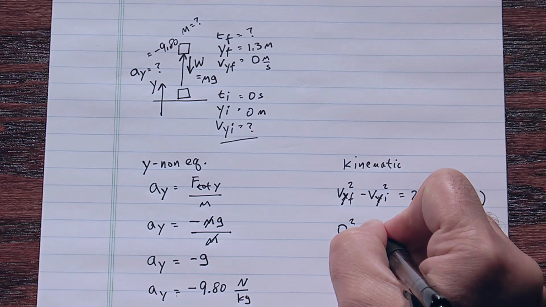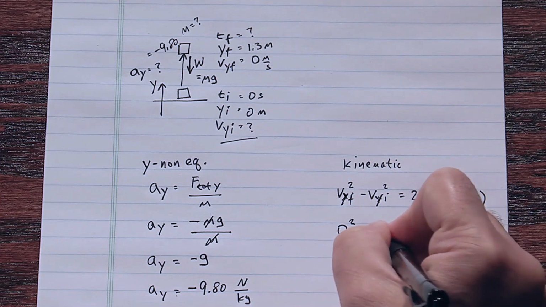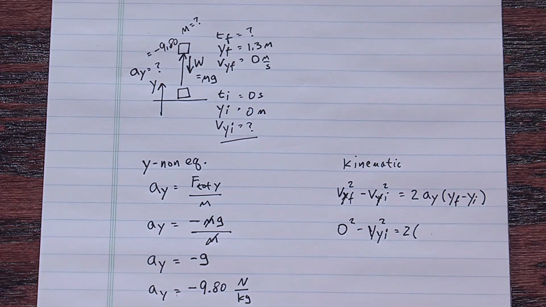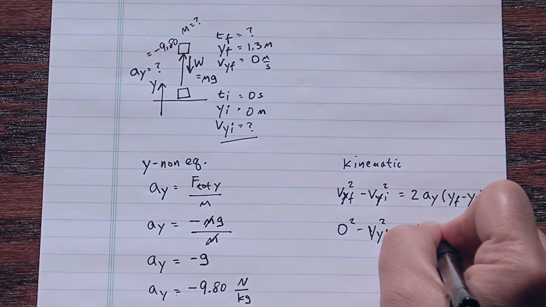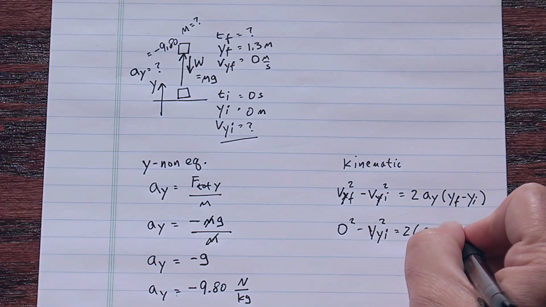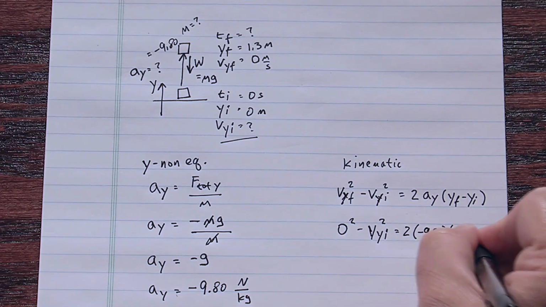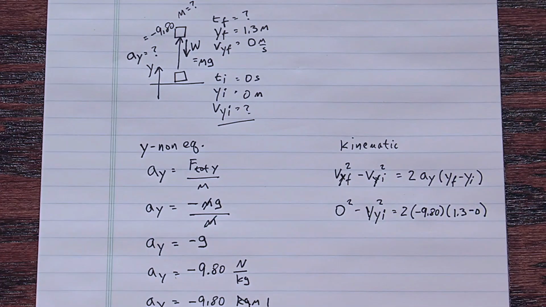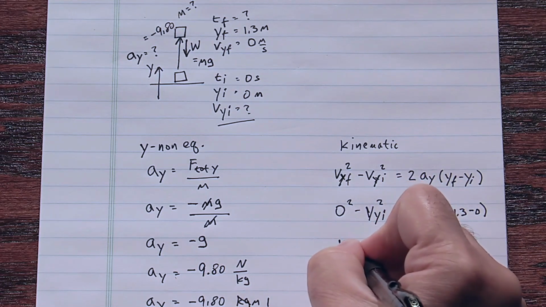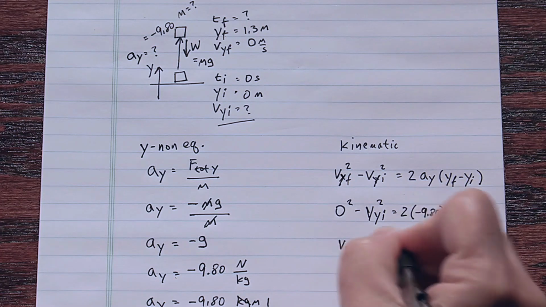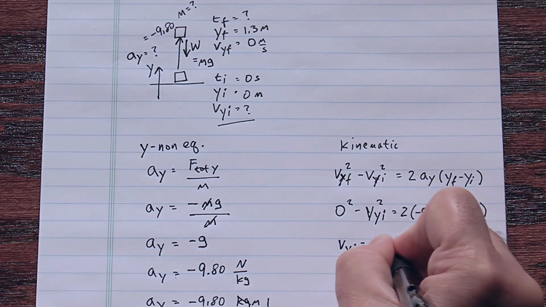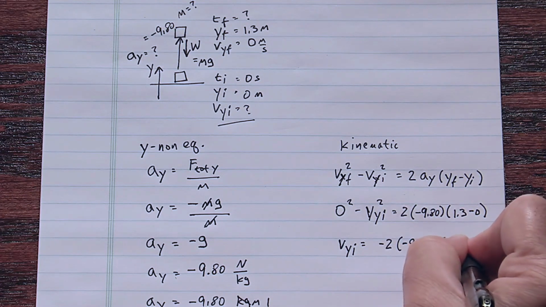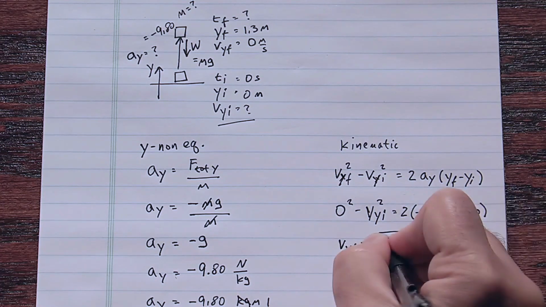Minus Vy initial squared, that's what we're looking for, equals 2ay, which we now know is minus 9.80 times y final of 1.3 meters minus 0. So Vy initial is equal to negative 2 times negative 9.80 times 1.3, and we have to take the square root.